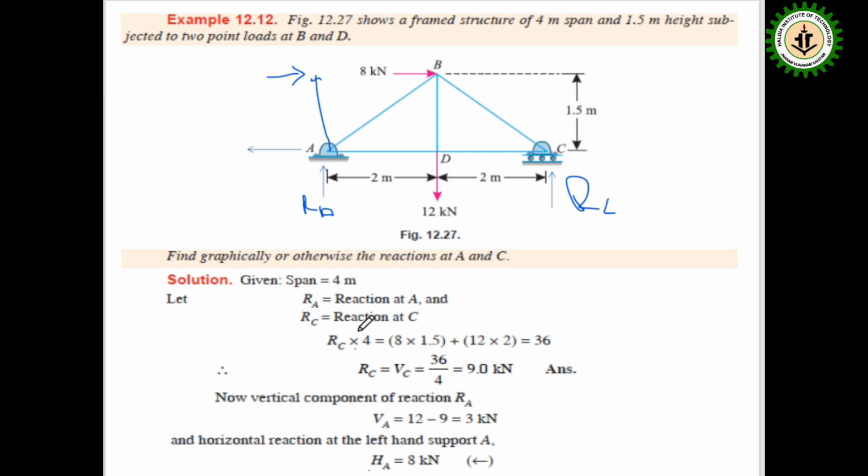Clockwise is negative, so we write this on the right side where it will be positive.